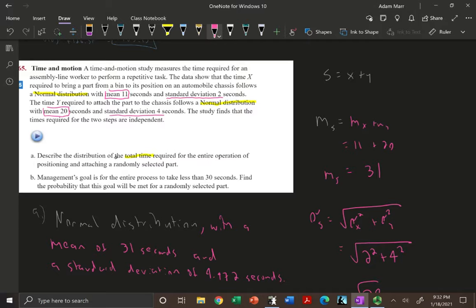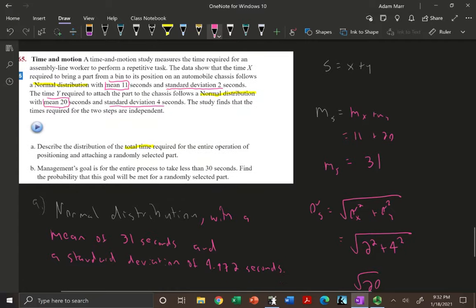So the total time required for the operation over many times using this assembly line would be about 31 seconds. The standard deviation means that over many times, the typical time varies about 4.472 seconds from the mean of 31.